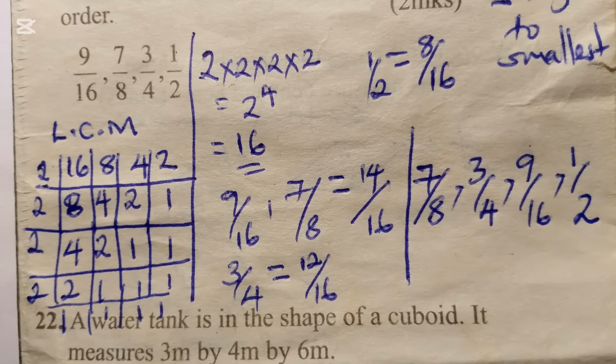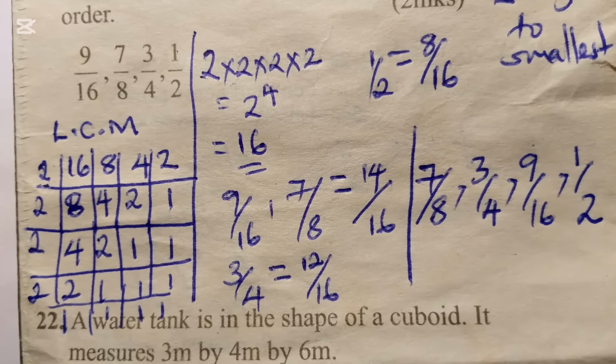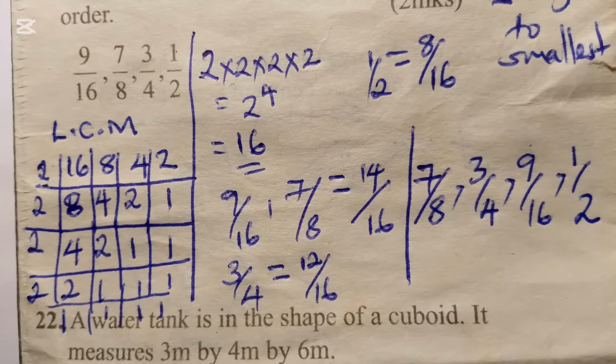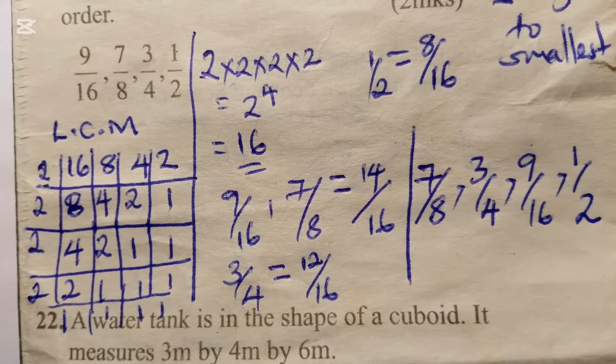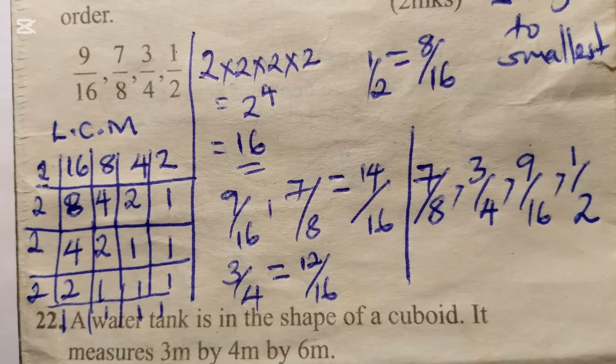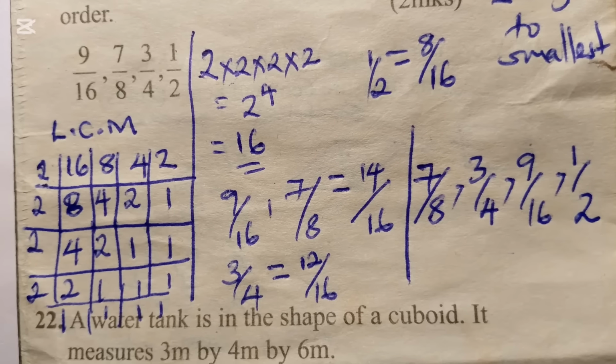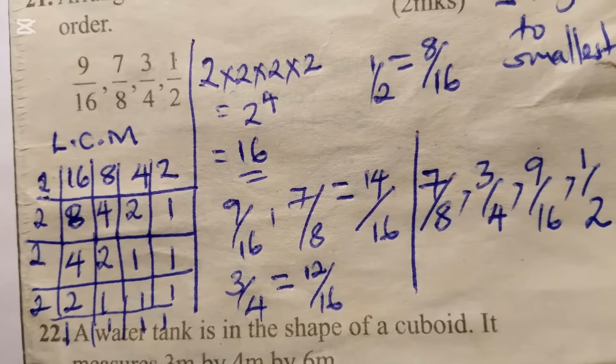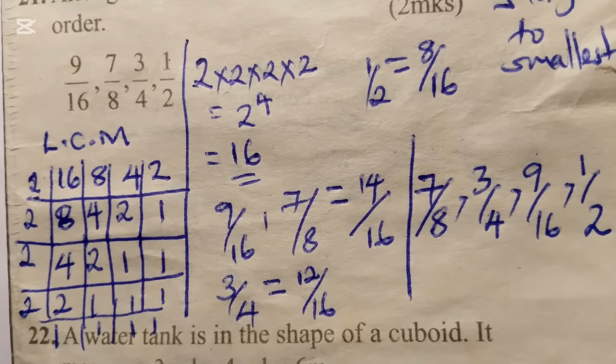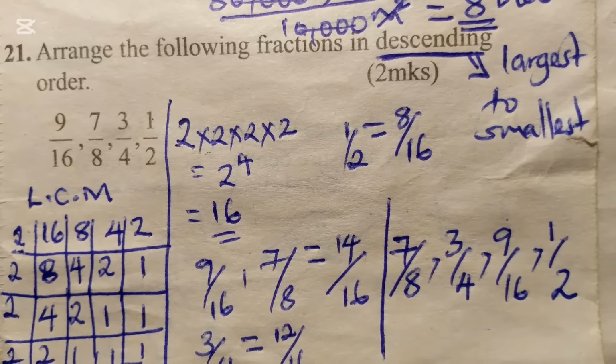That will be converting the fraction to a percentage. Then you compare the percentages directly. Then that can also help you arrange the fractions in the order requested or required. So we have those two ways for doing that.